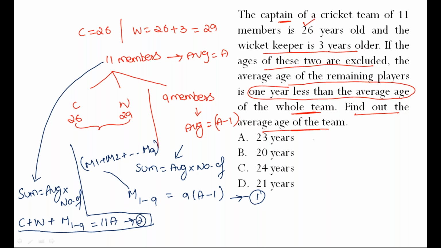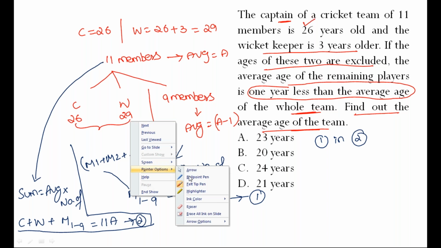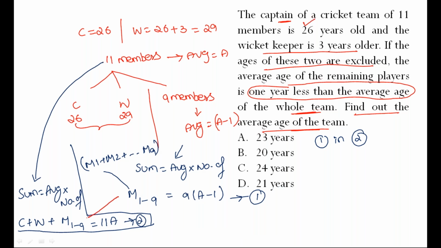I don't have space, directly I can write it. So substituting equation 1 in 2. I'm using 1 and 2 because in 1, M1 to 9 is 9 into A minus 1, that I have replaced here.